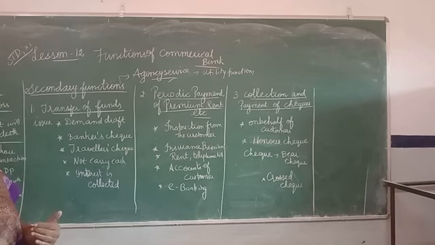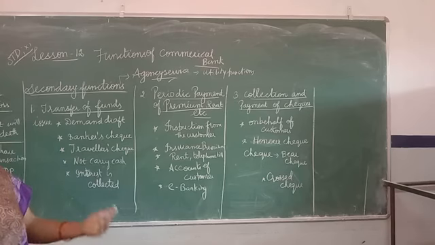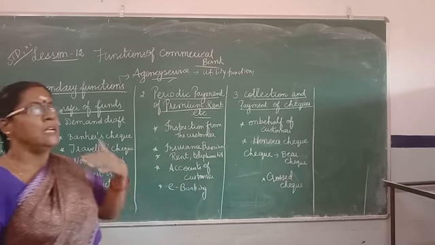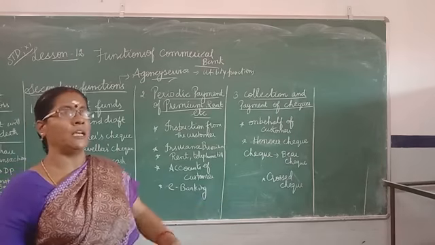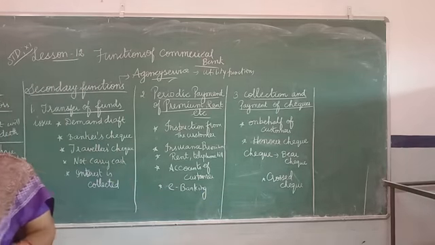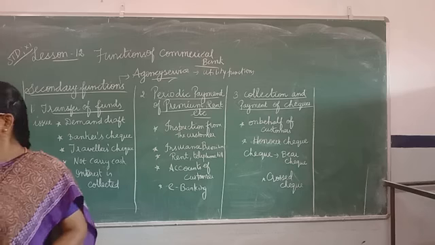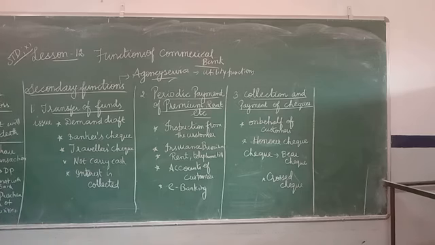I am having a 4,000 rupees check with me. I want to give the same amount to another person, so the same check will be handed over to the other person. So a check is a negotiable instrument. It is a bill of exchange drawn on a specified banker, payable on demand.